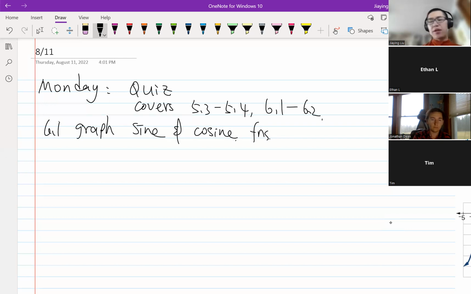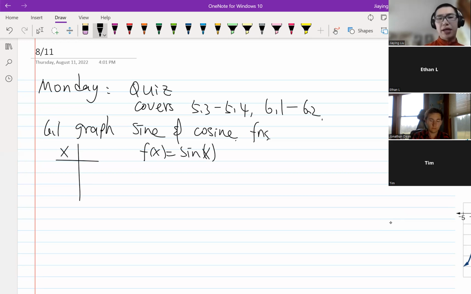All right. So I'm not going to do it from the beginning because at this point, I'm going to expect that you all know what the graph of sine and cosine look like. At least you learned how to graph it. Just in case you're curious, a quick reminder that if you want to graph sine and cosine, you can just pick nice angles. Let's say you want to graph f of x equals sine x.